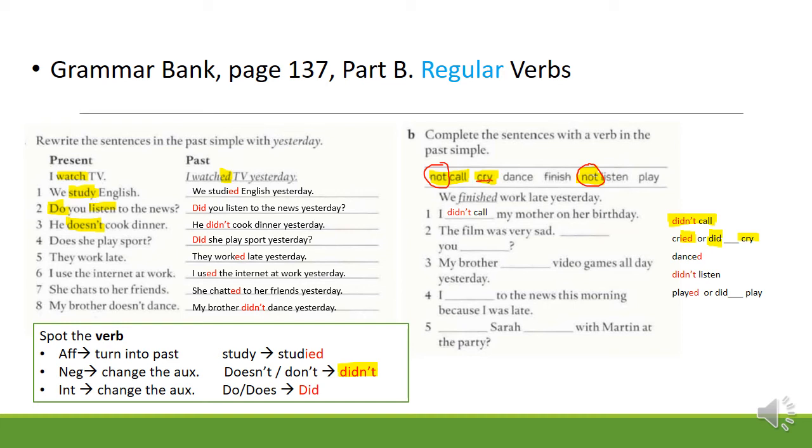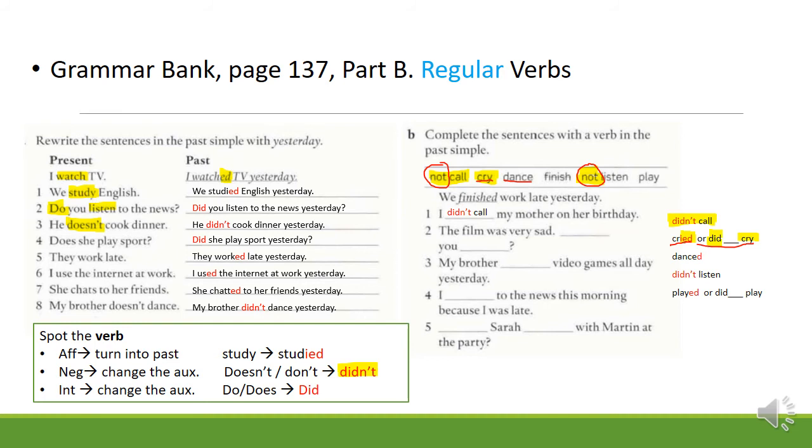When you don't have the negative particle not, you may use either affirmative or interrogative. We need to read the sentences to know which one we are going to use. Please stop the video, read carefully, and try to complete the blanks with the right form of these verbs.